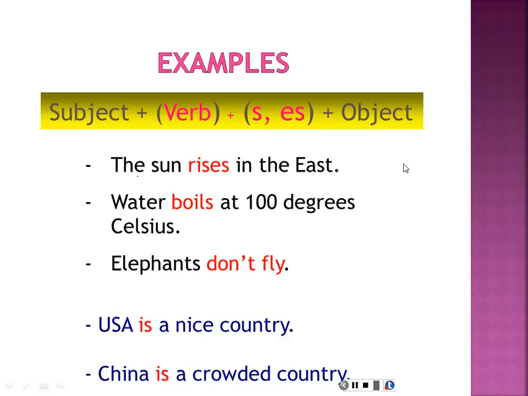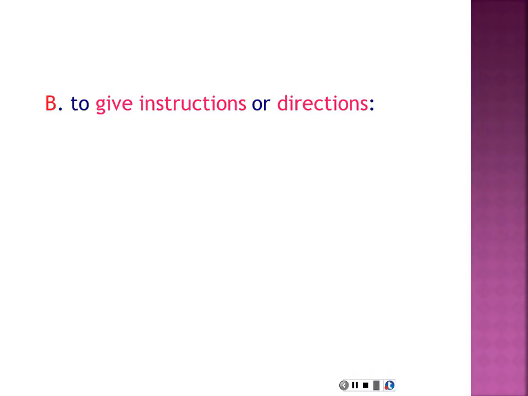Now let's move to the next slide. In the next slide we have another use. We use simple present also to give instructions or directions. To give instructions and directions.